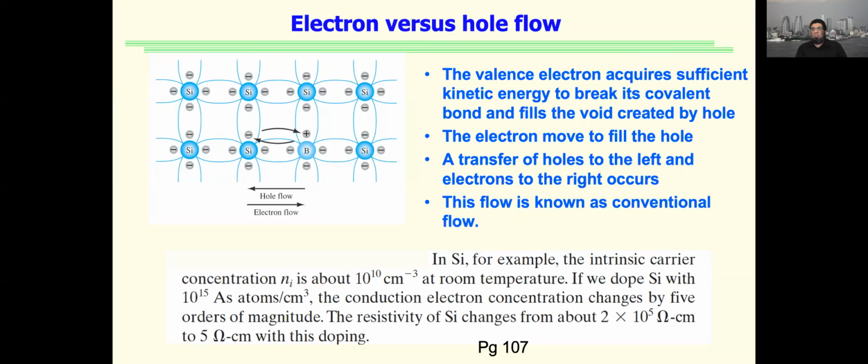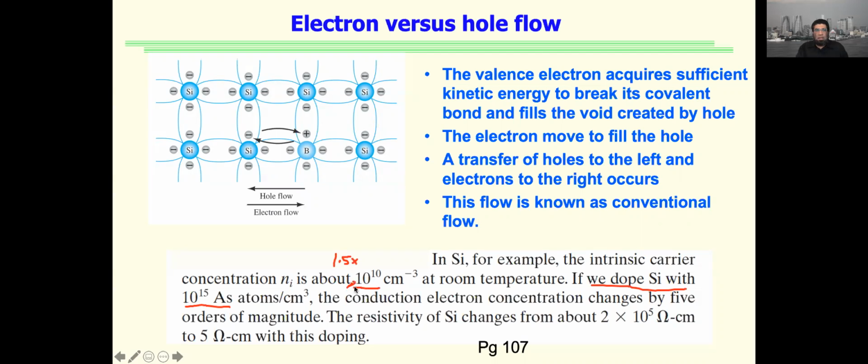Now, how big an effect the doping has, this is just an example. I copied this line from the book, that if we dope silicon with this many arsenic atoms, it itself has 10 raised to power 10, to be precise, 1.5 times 10 raised to power 10 for silicon.